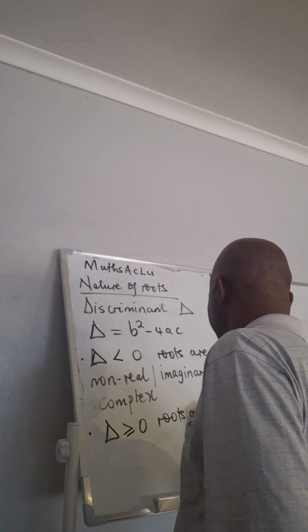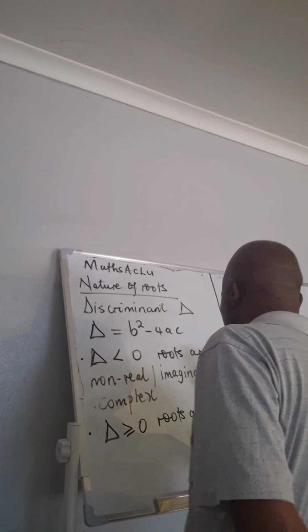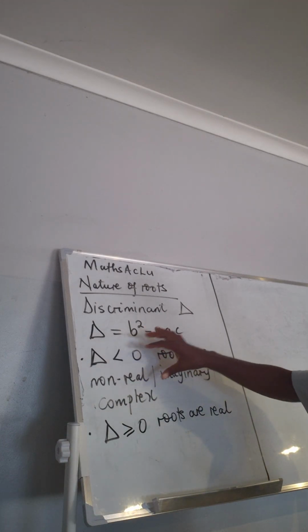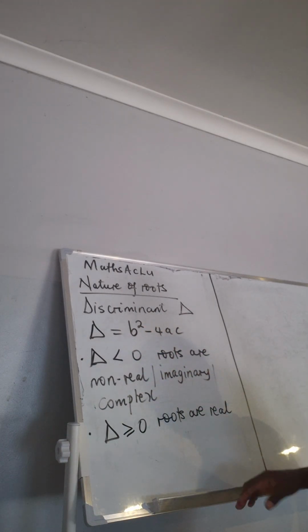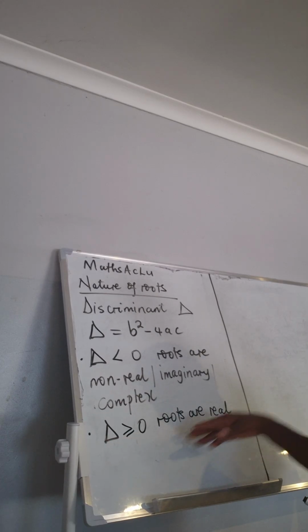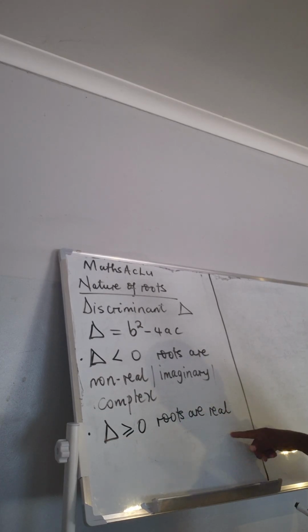Roots are real. They are real numbers. The complex roots are not part of real numbers. So if you get your discriminant equal to 0 or any number greater than 0, then roots are real numbers.